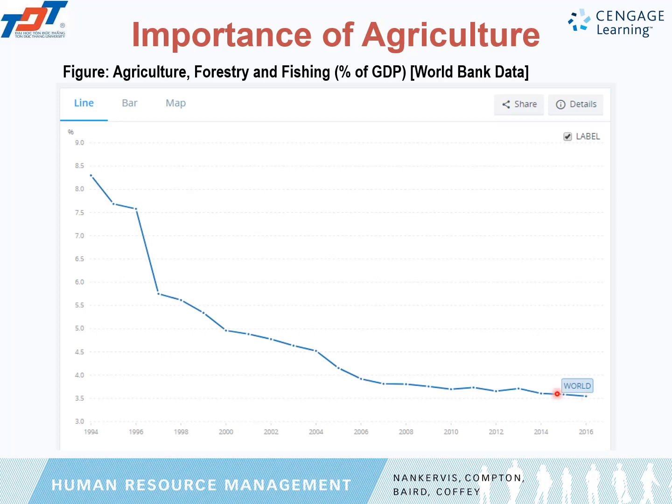So what we see here is that the importance of agriculture as part of the gross domestic product is decreasing throughout the world. Why is this? Now we talk about Industry 3.0, Industry 4.0.